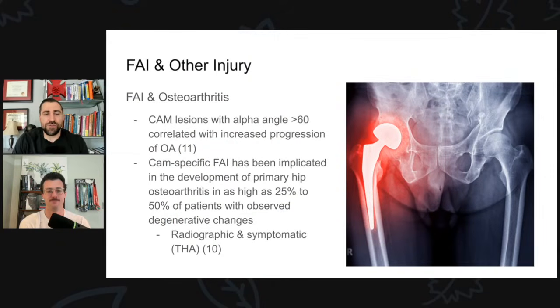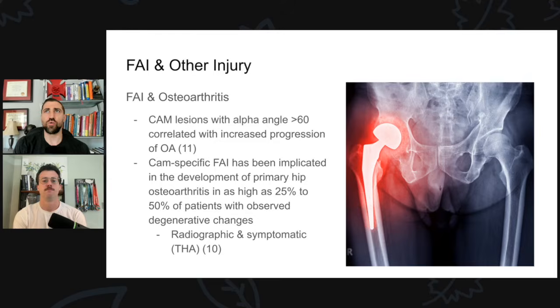Okay. FAI and other injuries. Obviously, we talked about this a little bit more, but FAI does have a correlation with osteoarthritis. So particularly cam lesions with an alpha angle greater than 60 are correlated with increased progression of osteoarthritis. You can use alpha angle to grade how big someone's cam morphology is.